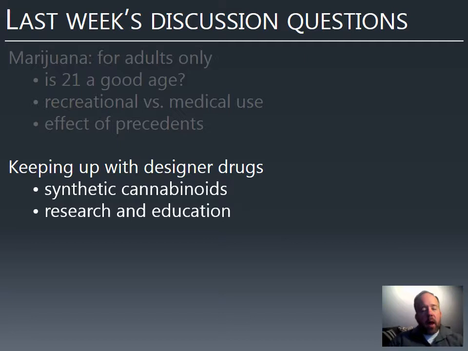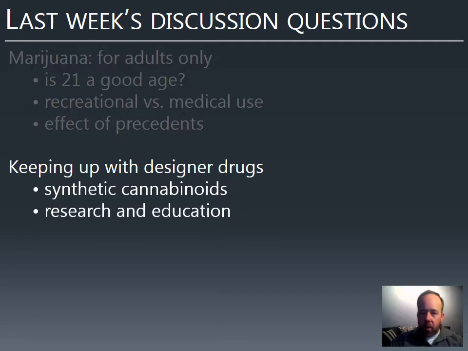And one idea that came up frequently in the discussion board was the importance of research and education. The development of these cannabinoids is currently outpacing our ability to research them and to legislate with regard to these cannabinoids. So you come up with a new chemical. If there's not a law for that chemical yet, then there's sort of free reign to create and use that chemical until it becomes regulated.